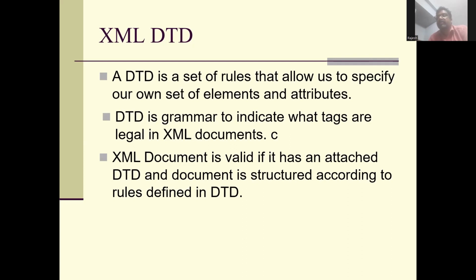We can't insert arbitrary values in the tables. Just like that, if you create a DTD for the XML document, the XML must strictly follow the DTD rules. Let's move to the next slide.